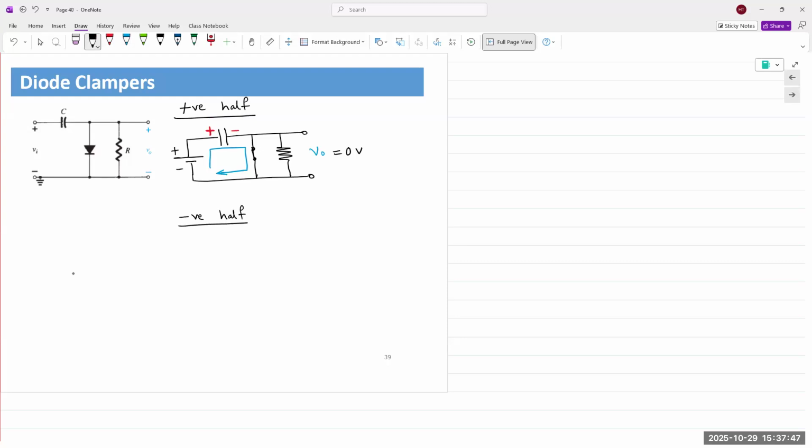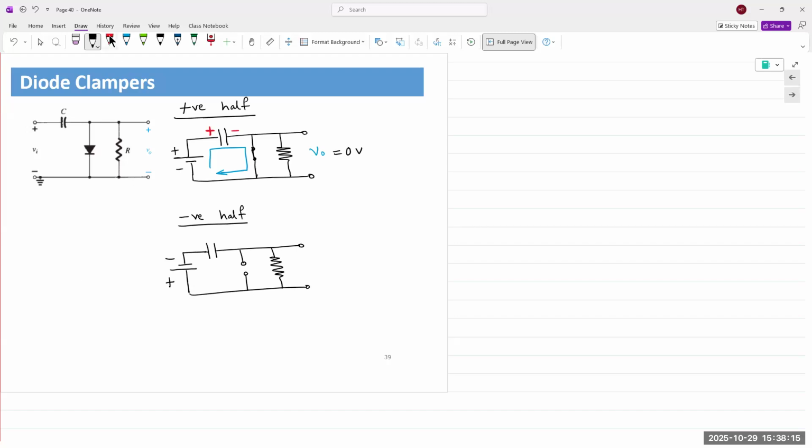What happens in the negative half? So we have a capacitor here that is fully charged, and the diode is off.